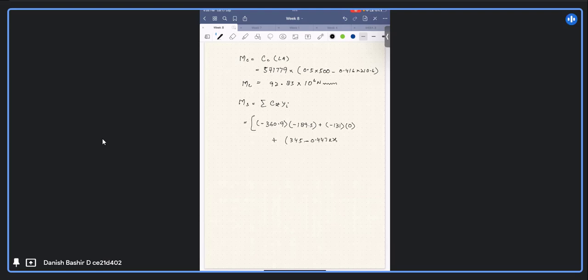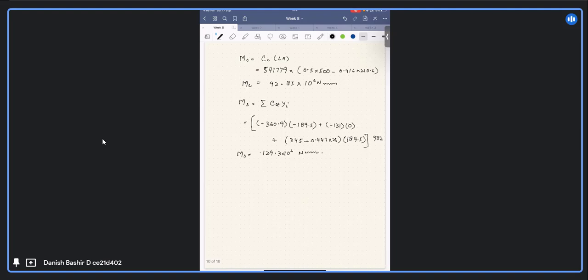0.447 FCK, 25 is FCK, times its YI is positive 189.5. Each is multiplied by 982. We get MS as 129.3 into 10 power 6 Newton mm.